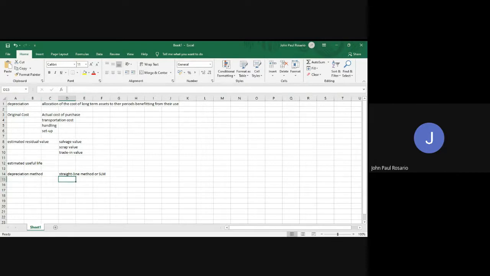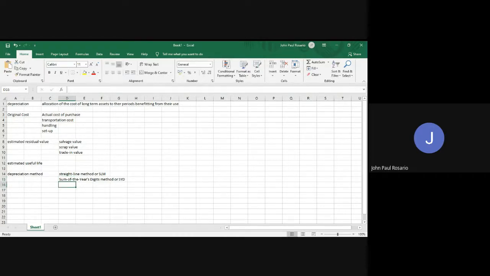And then we also have the sum of the year's digits method, which we also call SYD.